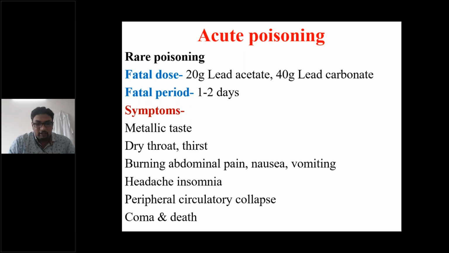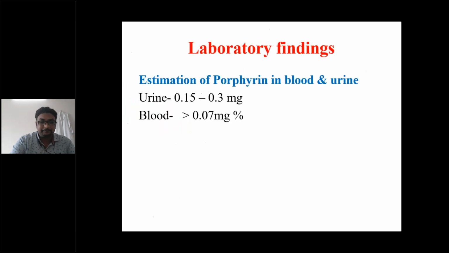Peripheral circulatory collapse can occur, and then the patient can land in coma and death. So these are the symptoms of acute poisoning: metallic taste, dry throat, thirst, abdominal pain, nausea, vomiting, headache, insomnia, vascular collapse, and then coma and death.